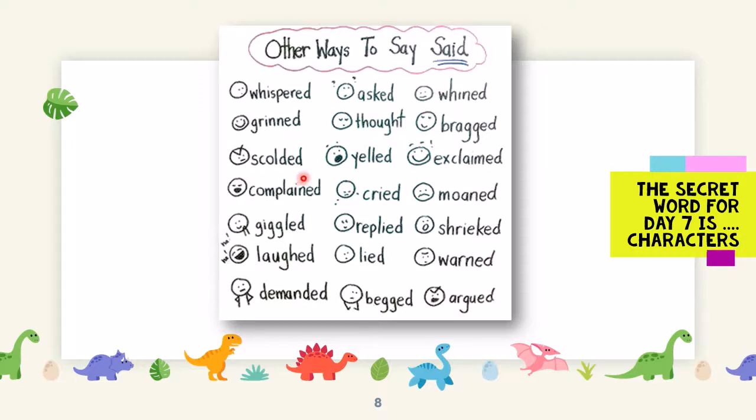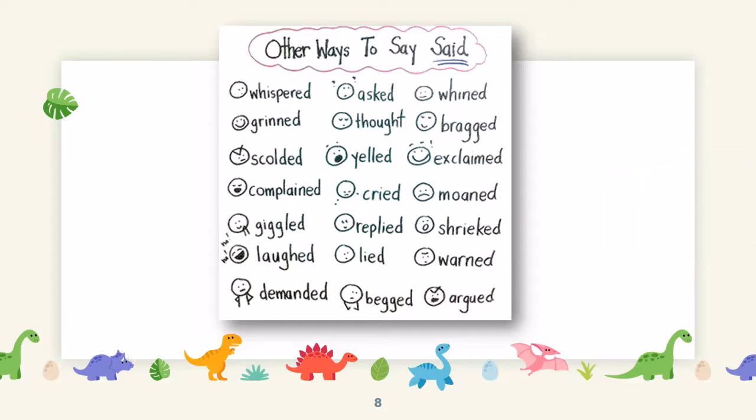Or when the person is very happy, you can say, she giggled, she laughed. Or she's very sad, she cried. Or two people are very angry, you can say, they argued. Or somebody's very excited, you can say, he exclaimed. Okay, so there are so many different ways to say said to make your story more interesting.